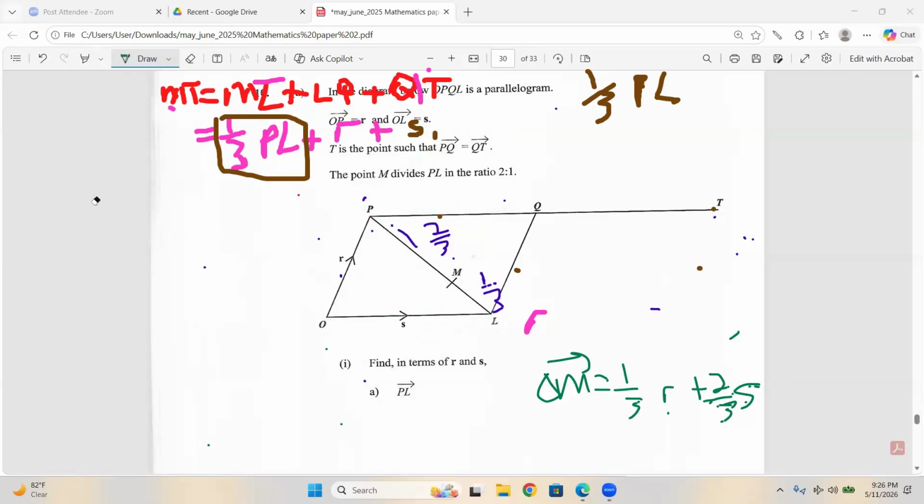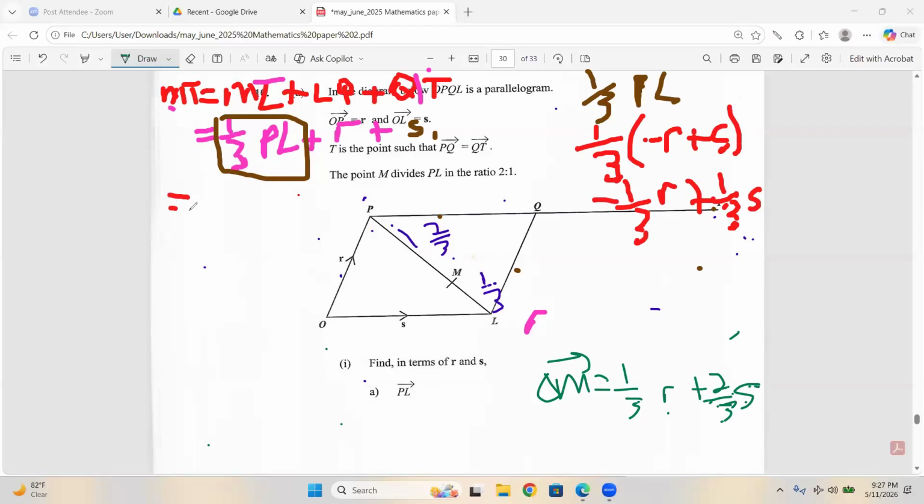PL was minus R plus S, or S minus R. Yes, thank you. So, minus R and S. So 1/3. That'll be negative 1/3 R, because we multiply 1/3 by everything in the brackets, and then positive 1/3 S.